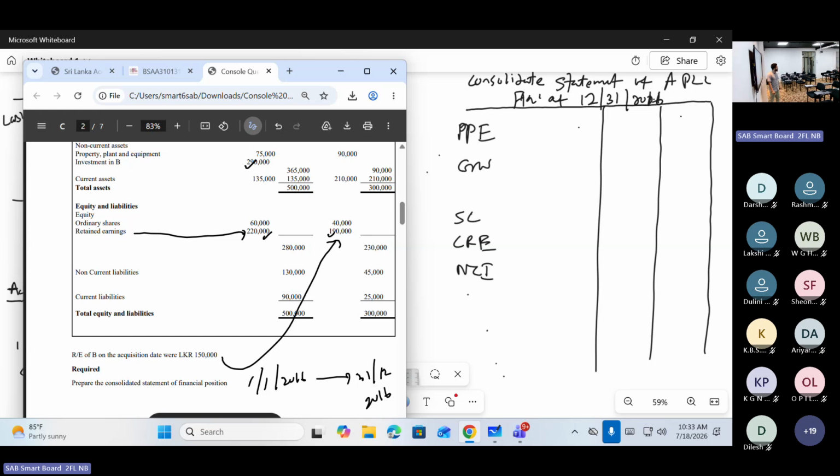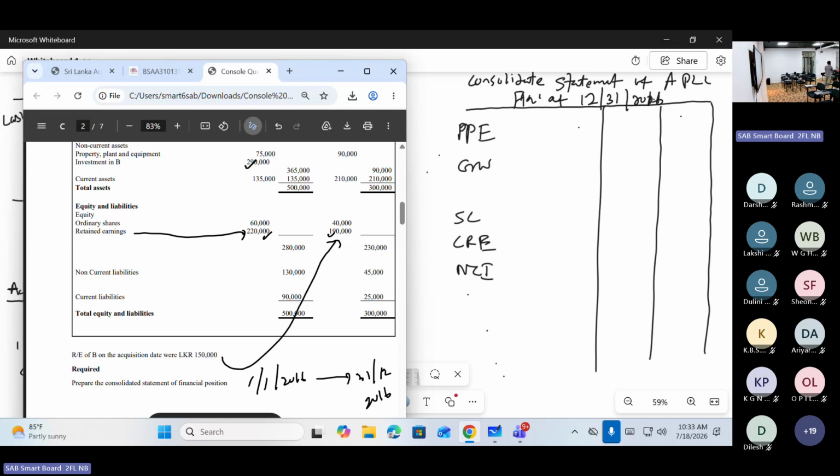A question might be asked about the subsidiary's profit in 2016. Do you know that retained earnings mean accumulated profit?